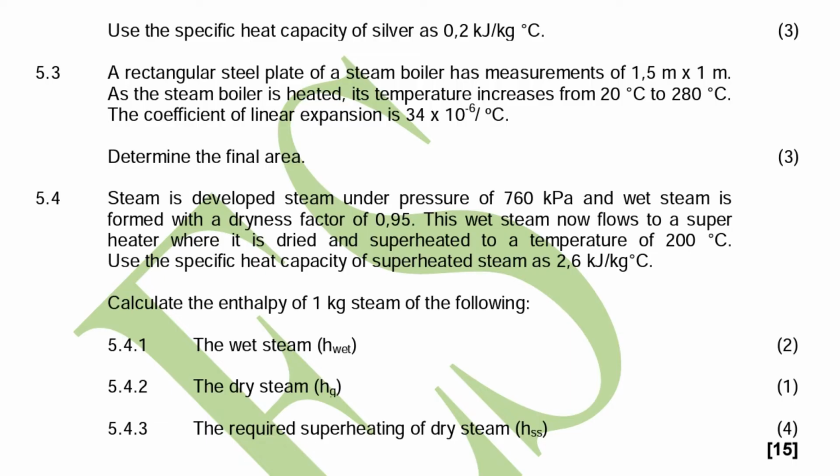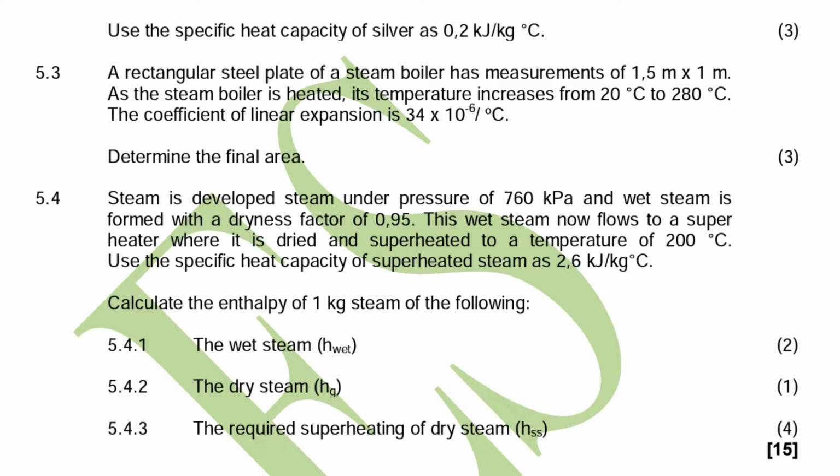They say a rectangular steel plate of a steam boiler has measurements of 1.5 meters times 1 meter. As the steam boiler is heated, its temperature increases from 20 degrees Celsius to 280 degrees Celsius.